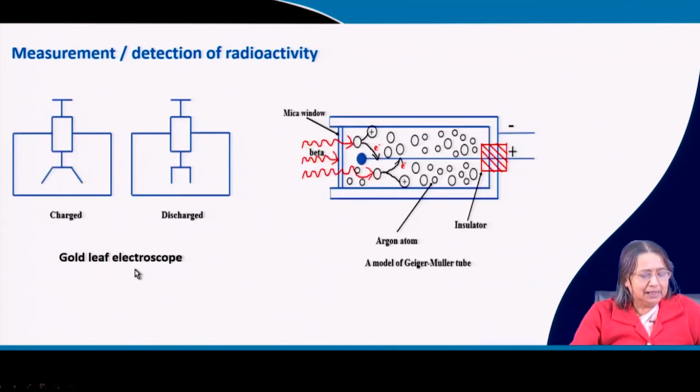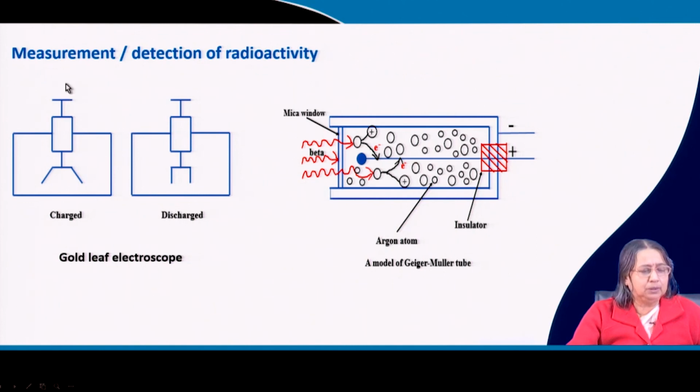The gold leaf electroscope, this is a very old thing, Becquerel and Madame Curie used this actually. These are thin foils of gold, and this is the rod, which is insulated, and there is some air also. This is a metal rod, and this is some plate.